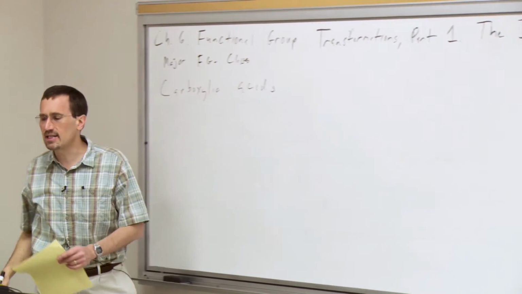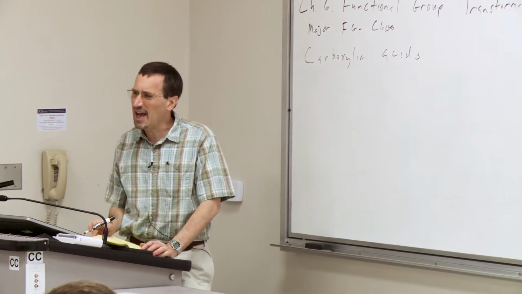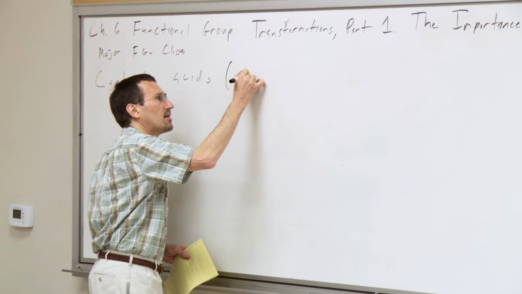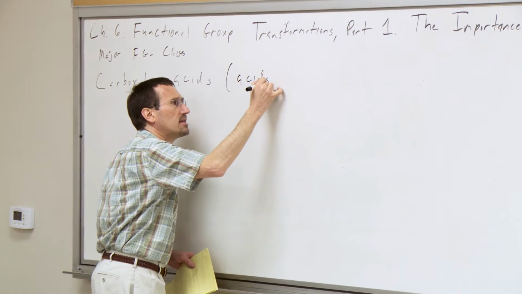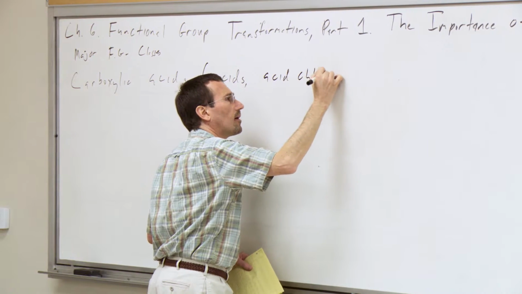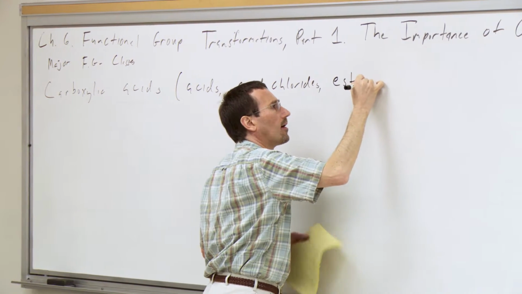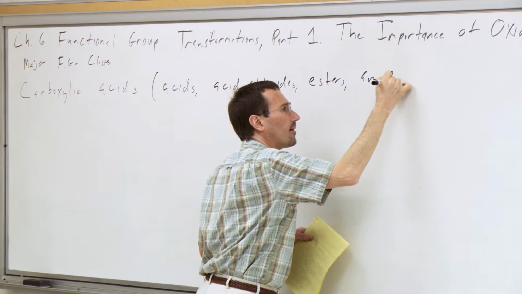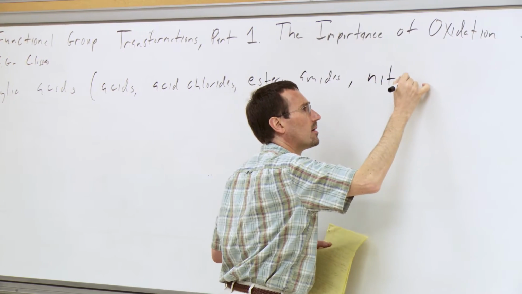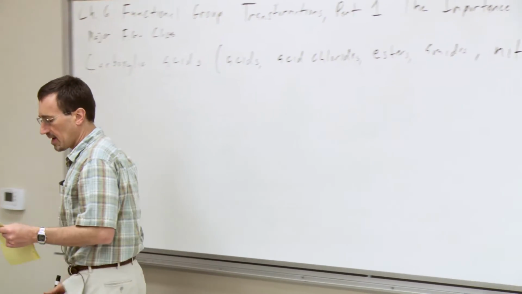The carboxylic acid family envelops carboxylic acids, acid chlorides, esters, amides, nitriles as well. And they really all go together as a group.